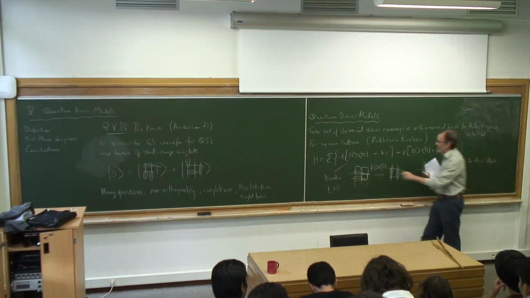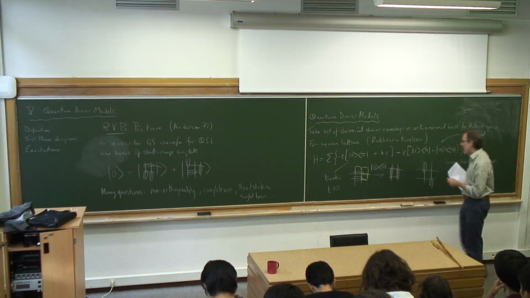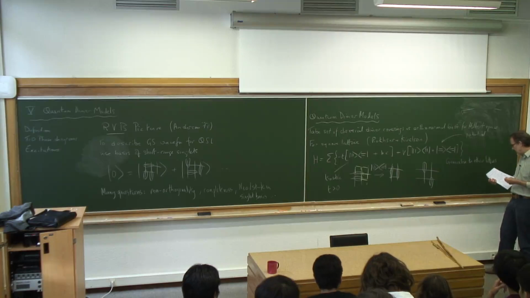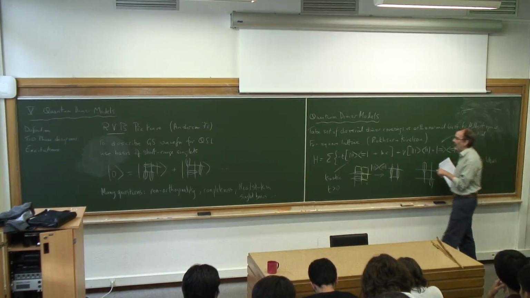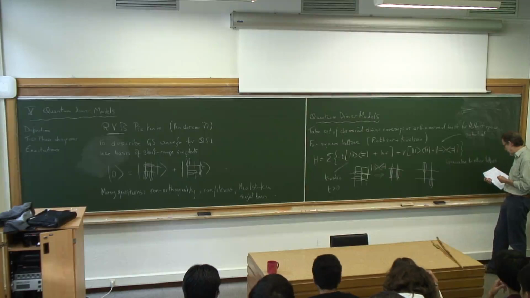Well, what you need to do when you're generalizing to another lattice is to find some convenient ring that you can let this resonance move or kinetic energy act on.